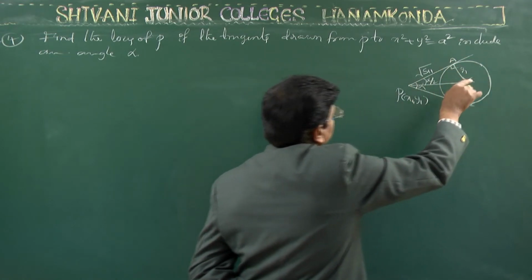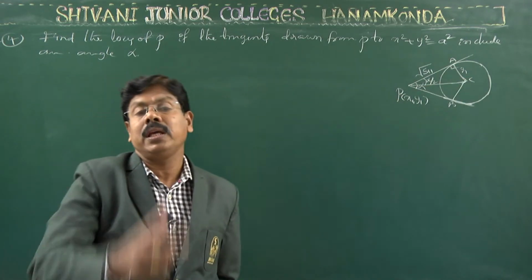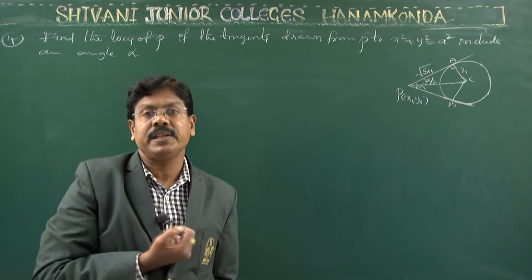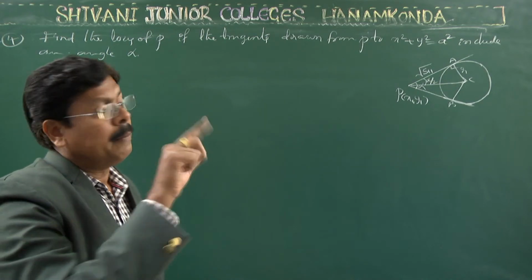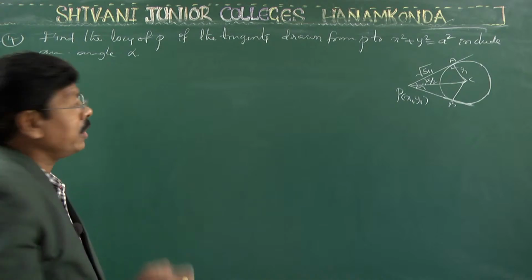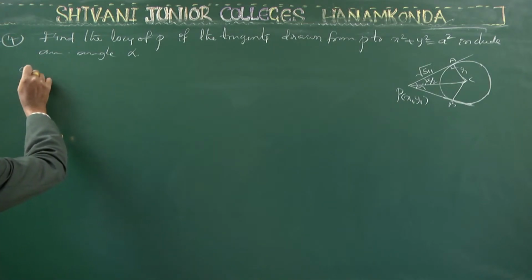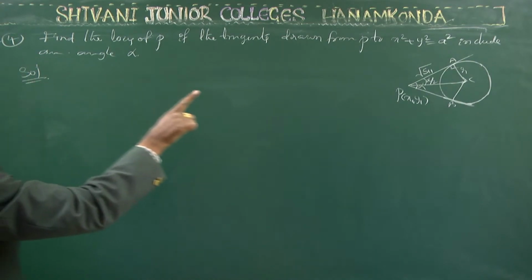Next, form a right angle triangle. According to theory, tan theta by 2 is equal to r by square root of S11. I told you this in the previous class. The diagram is there.